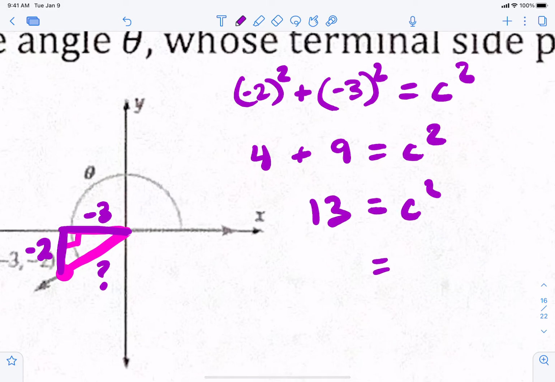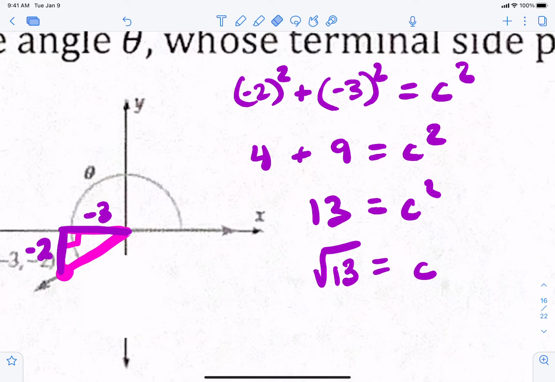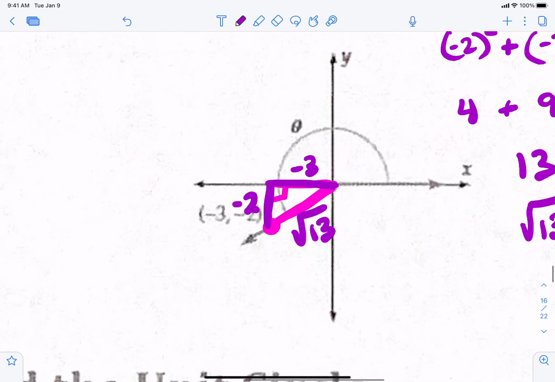So my hypotenuse is the square root of 13, and you are going to leave it as the square root of 13 and not the decimal number. Now, your hypotenuse, by default, will never be negative. Ever. Because when you square it, it will never be negative, right? So the square root of 13 is that guy.